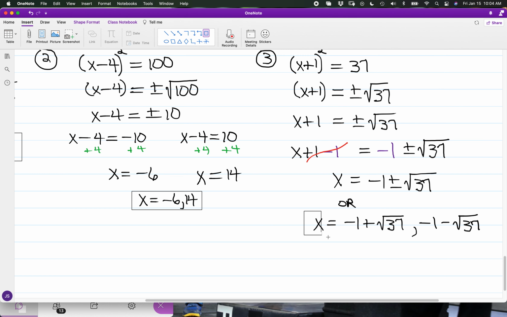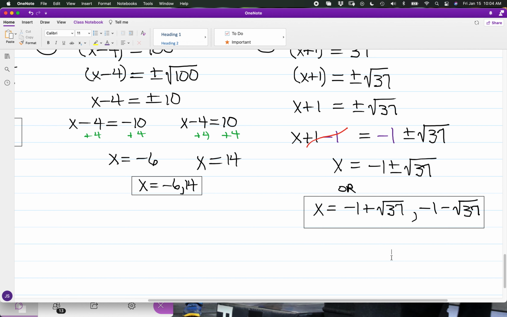And if you had decimals, like square root of 37 is 6 point something, a little bit higher than 6, so you'd have negative 1 plus 6 point something, and negative 1 minus 6.7. You would have just a number on the upper end a little bit above 5, and at the lower end a negative value that would be like negative 7 point something.